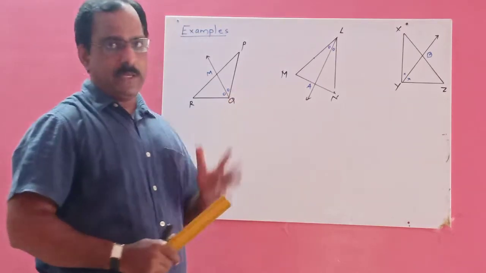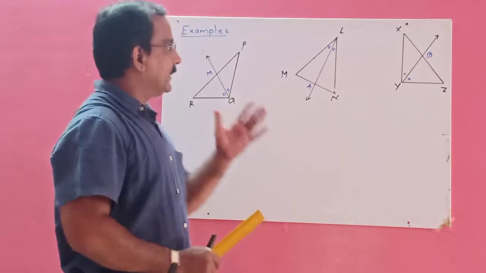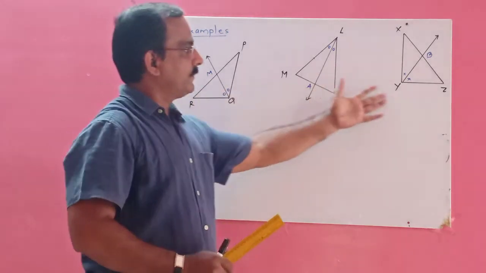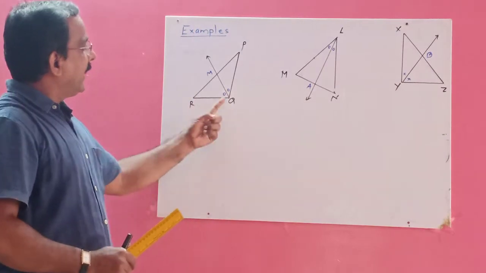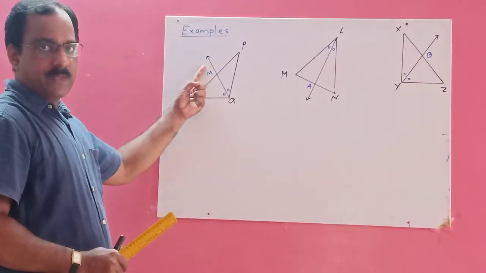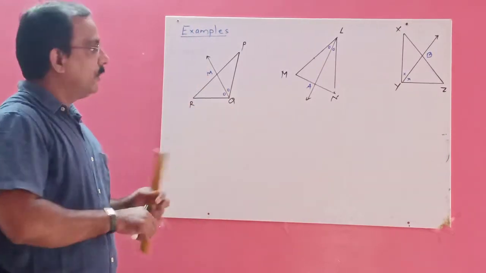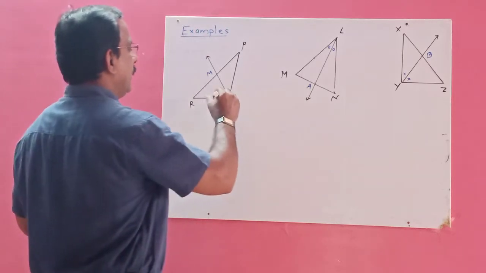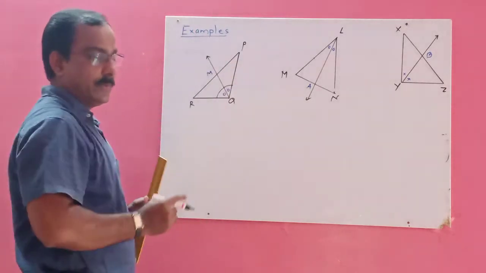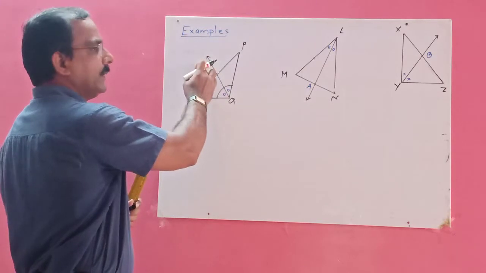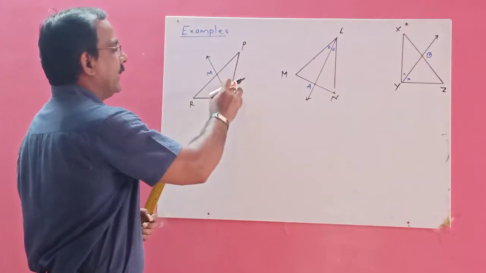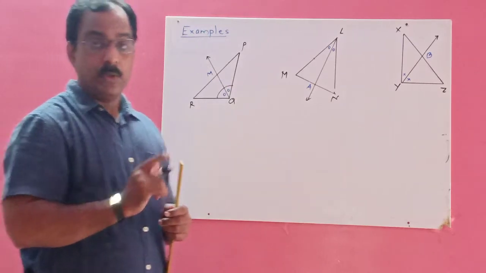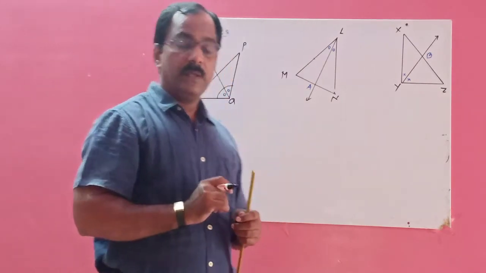Now see how you will apply this theorem for these three sums. You can see in this figure children, ray QM is an angle bisector of angle Q. So what does the theorem say?